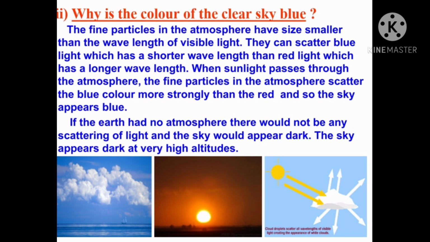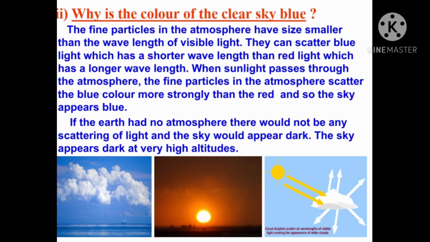When sunlight passes through the atmosphere, the fine particles scatter blue color more strongly than red. So the sky appears to us as blue. If the earth had no atmosphere, there would not be any scattering of light and the sky would appear dark.